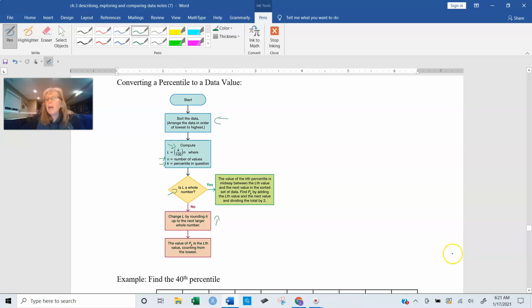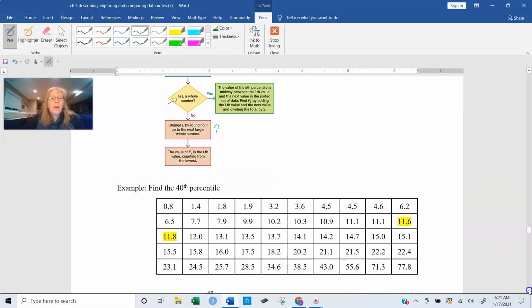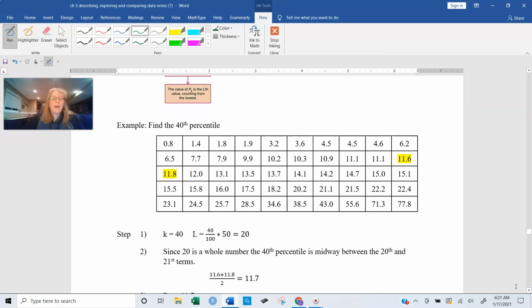So we're trying to find a data value for a percentile. I want to find the 40th percentile. So I take 40 divided by 100, because I'm changing it back to a decimal, times the 50 data items I have. 50 is the number I have, and it's the 20th data item.